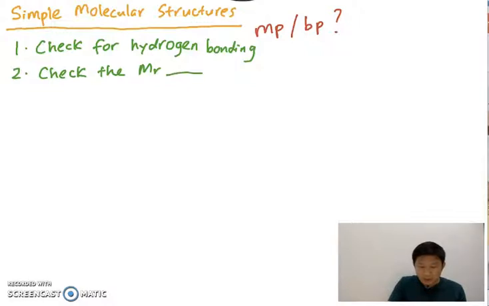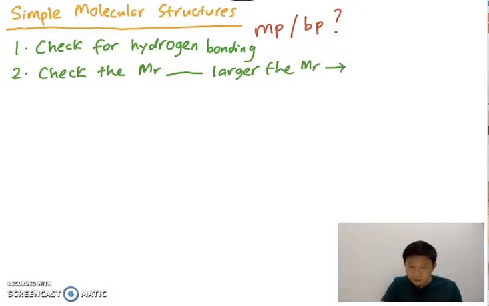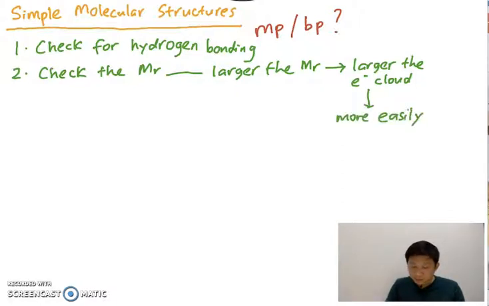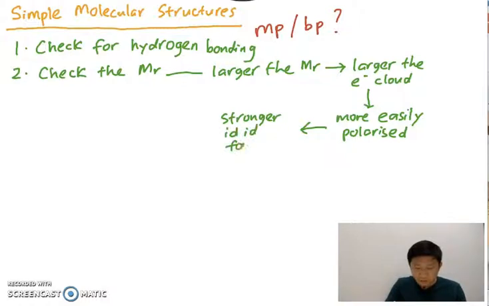I say one more time: the larger the MR, the larger the electron cloud, more easily polarized, therefore stronger ID forces of attraction.